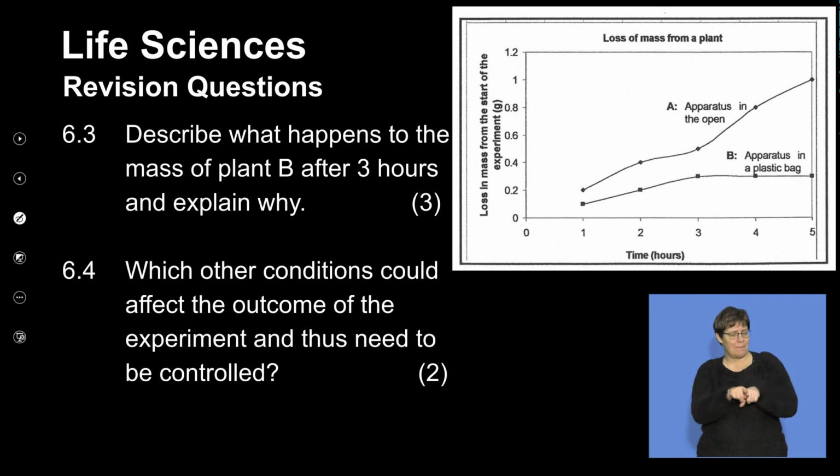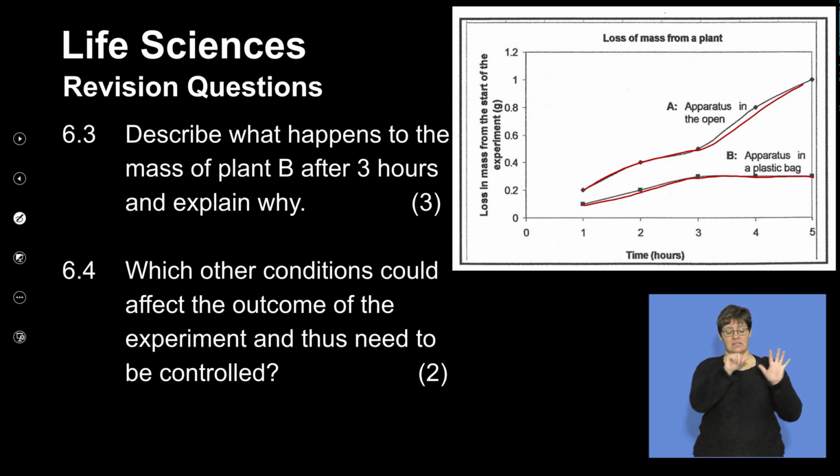The next question looks at the graph of the results, and it shows that A loses a lot more water than in situation B when it's placed in a plastic bag. And what you have to do is explain how plant B loses a little bit of mass because it loses some water, but then the plastic bag stops it from losing any more water because the concentration or the humidity outside in the plastic bag would be very high.